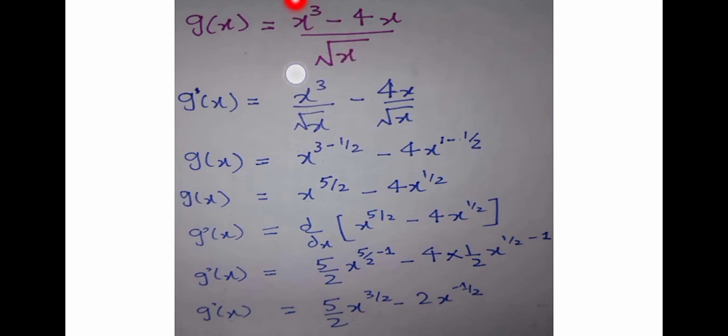We simplify it by dividing by the square root of x both x raised to power 3 and 4x, and by this power when it moves into the numerator it subtracts from this 3, and we get 5 over 2 here and 1 over 2 here, and we then differentiate on both sides and take the derivative of each term, and this 5 over 2 comes in the front, and our new exponent when we subtract 1 from 5 over 2 we get 3 over 2, and this 1 over 2 when multiplied with the 4, 2 ones are 2, 2 twos are 4, and we get here 2.